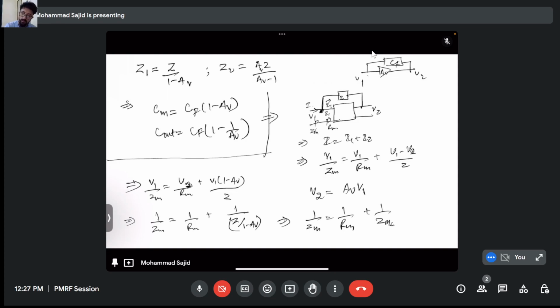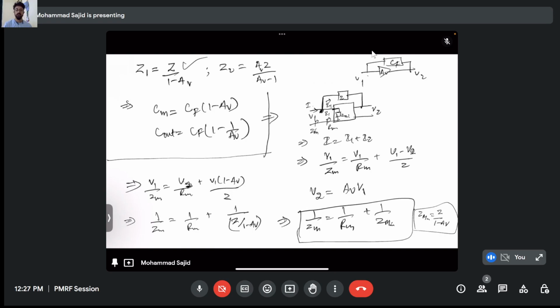Here this is a parallel combination of R in and Z Miller. So that means I can write at the input port another impedance, my Z Miller, which is given by Z divided by 1 minus AV. That is what we wrote here.